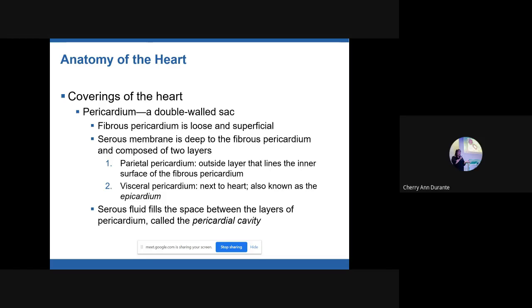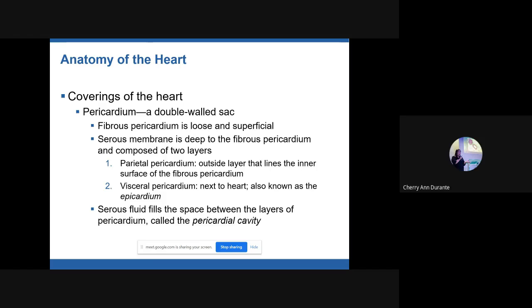Kasi ang heart natin may tatlong layers. You have your epicardium, you have your myocardium, and you have your endocardium. Now, as I've told you, in between the parietal and visceral pericardium, meron ka dyang fluid, and that fluid in between the layers of the pericardium is known as your pericardial cavity.